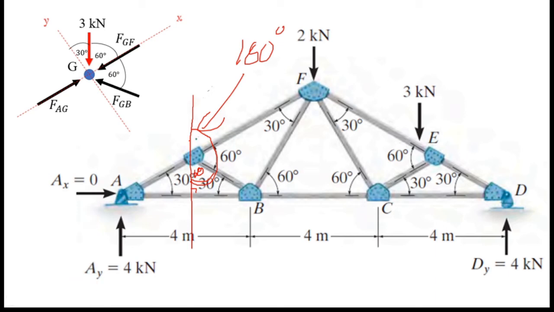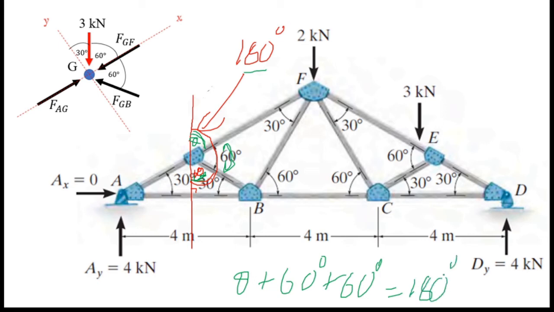Now I mark here as theta, so I can write the equation: theta is this angle, plus this angle, it's 60 degree, and now this angle, it's also 60 degree, and it equals 180 degree.